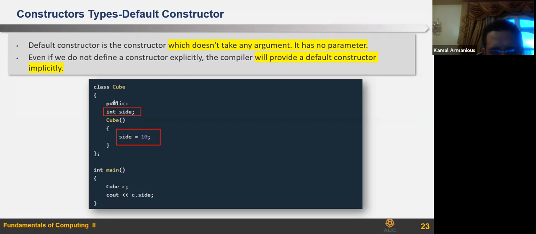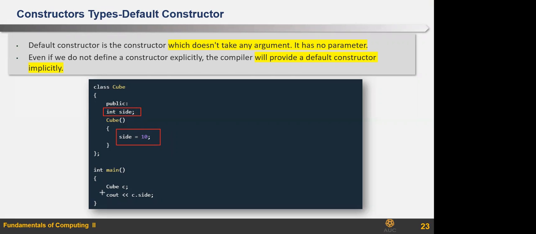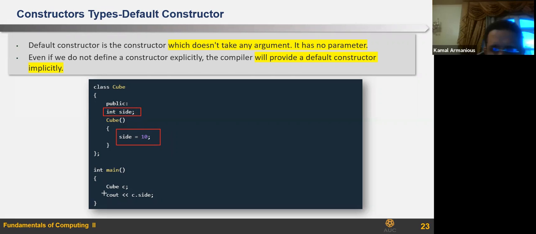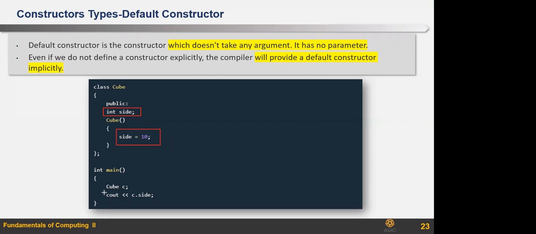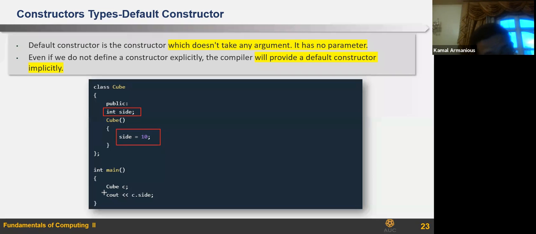It's okay for now that it is a public member, but it should be private. Anyways. Doctor, I have a question. Yes, go ahead, Abdelrahman. If we didn't put the default constructor and wrote int side equals 10 next to it, it would be set every time we create an object? Yes, you can do this, but this is not recommended.